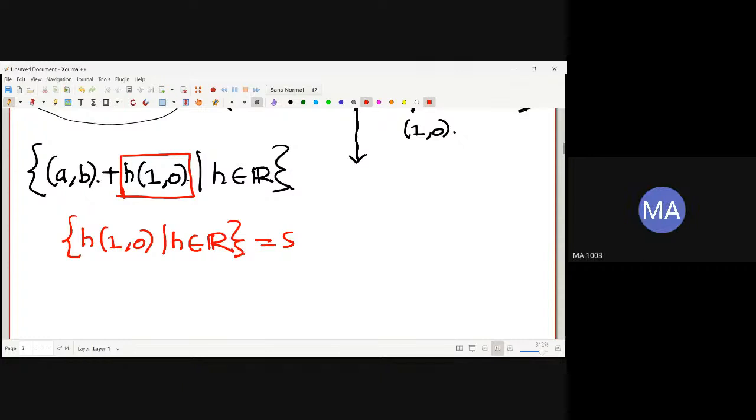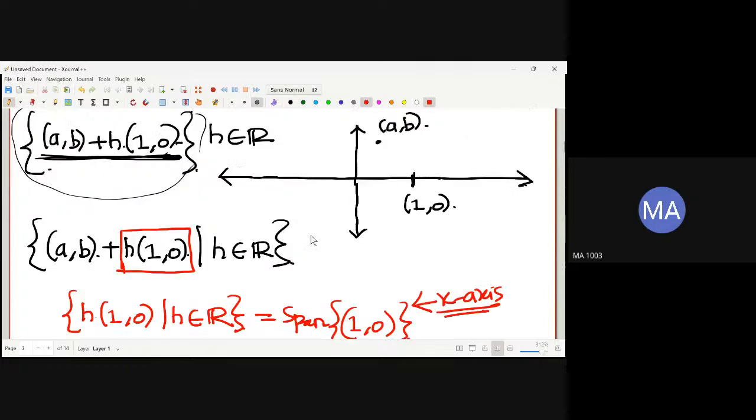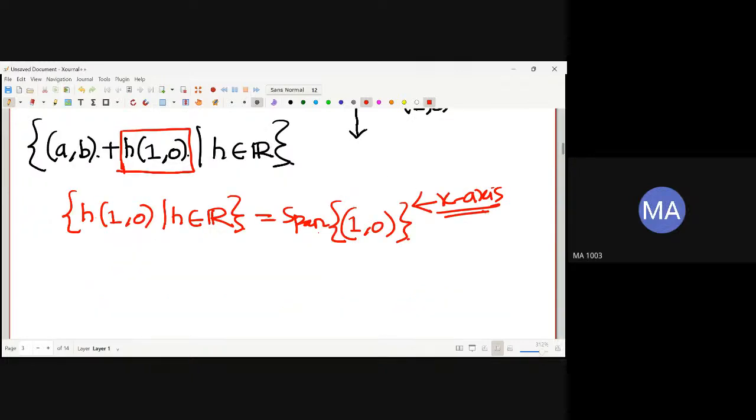So basically this is the x-axis, right? Correct. And now what you are doing is just adding a comma b to this x-axis, right?